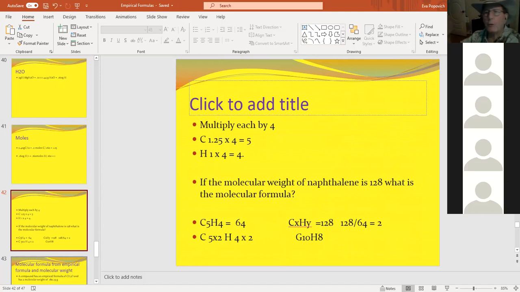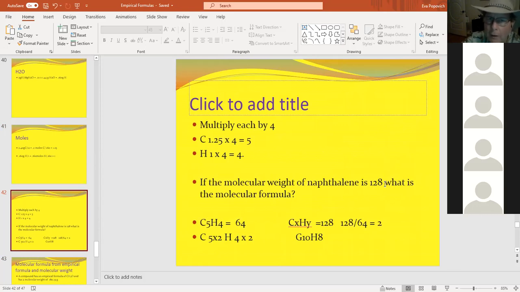If you're going the other way, from empirical to molecular, you're going to be multiplying by an integer. If we have C5H4, if we have 5 carbons, that means that we have 5 times 12 or 60 contribution from the carbon, 4 times 1 from the hydrogen. My empirical formula weighs 64. I know that my molecular formula weighs 128.